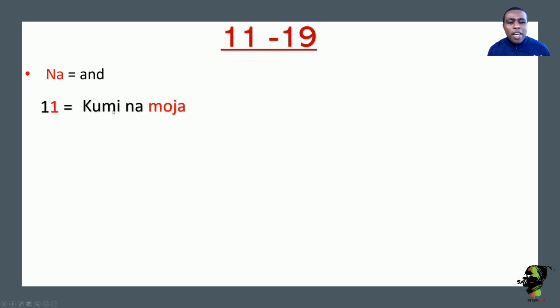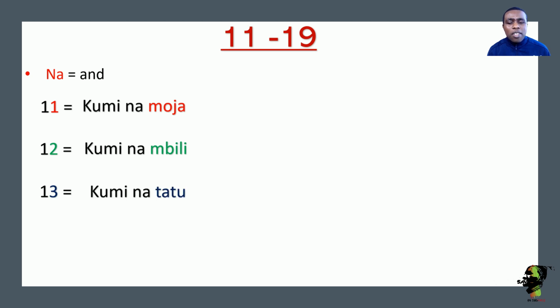Kumi na moja. Kumi, 10. Na and moja, 1. Kumi na moja. I guess you know how we will do number 12, but let's do it together. Kumi na mbili. Number 13. I know you know number 3. 10 and 3. Kumi na tatu.